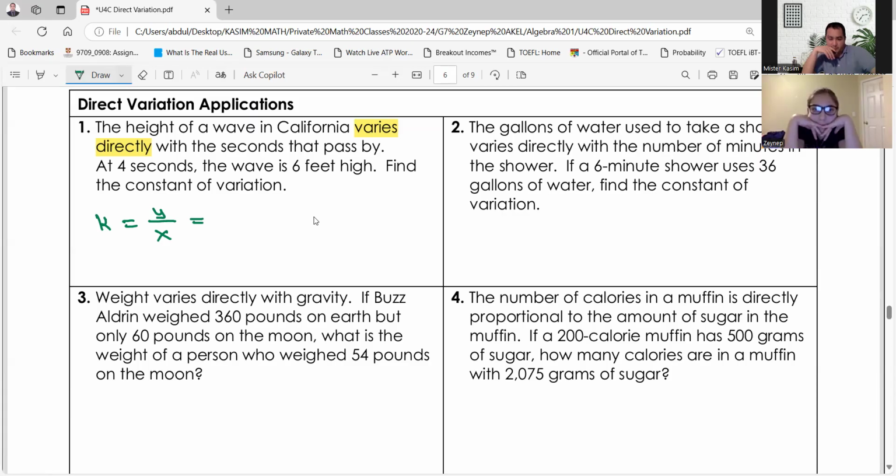Feet per second. So y should be then feet, right? 6 feet, yes. Per means divided by 4, which is equal to 1.5. Just read it, and if you read, you can understand which one actually makes more sense, seconds per feet or feet per second.